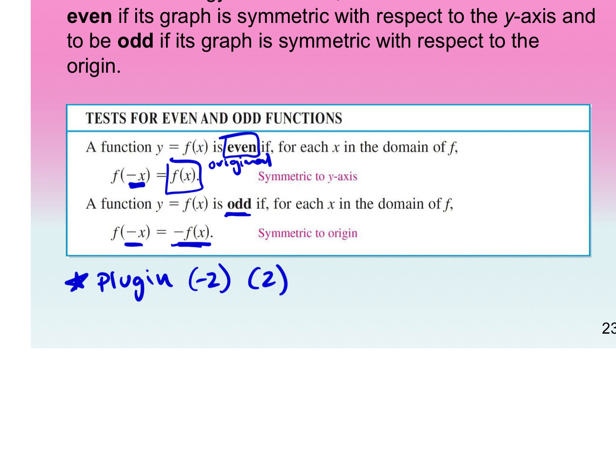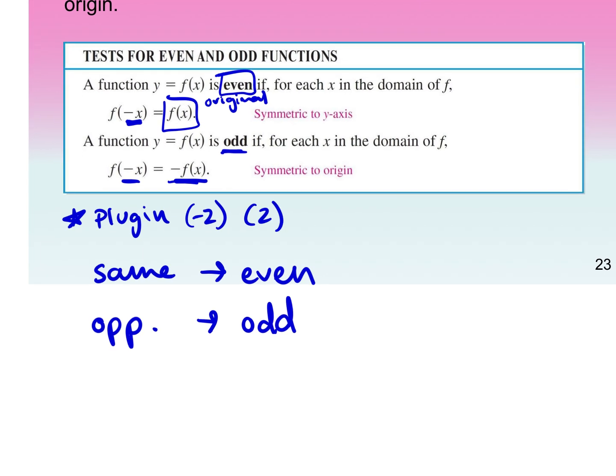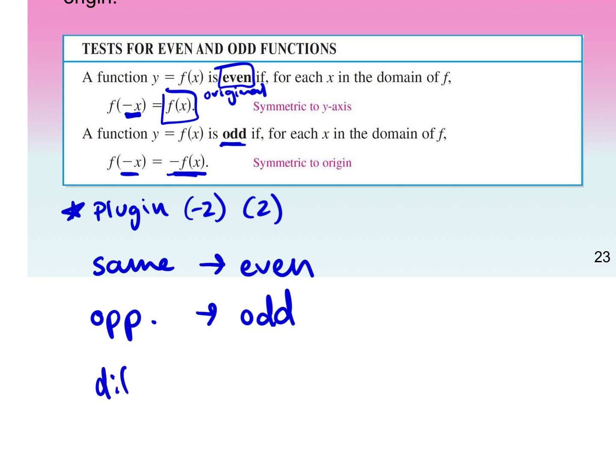Obviously, if you had square roots, you might want to do something like 4 and negative 4, just to make it easier for you. But for any number and its opposite, if you get the same answer, your function is even. If you get opposite answers, then your function's odd. And if you get totally different answers, then it would be neither.